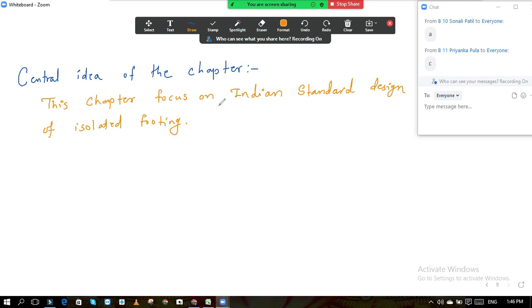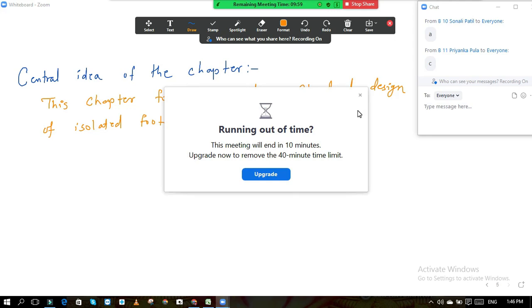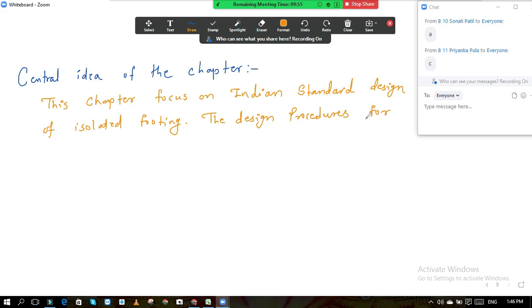The design procedures for square and rectangular isolated footings are discussed in this chapter.